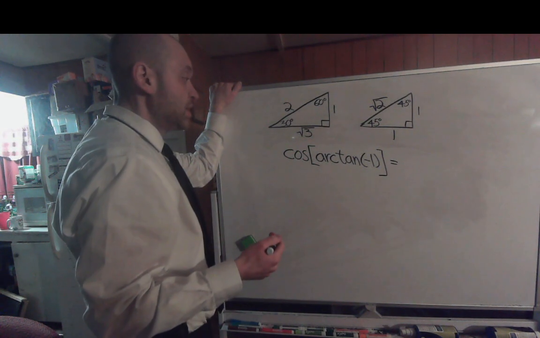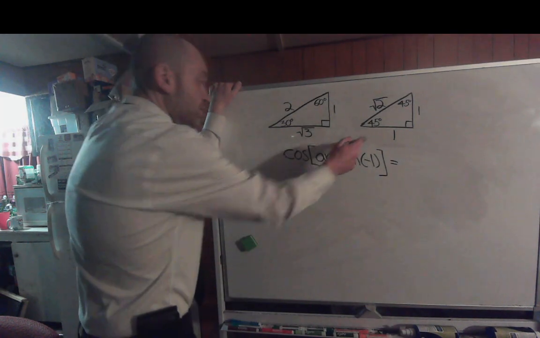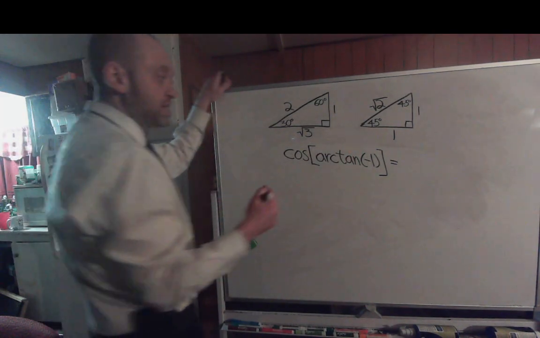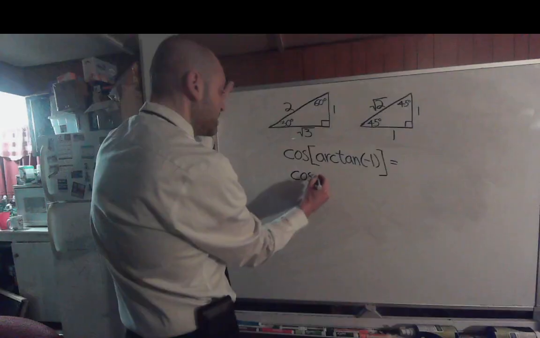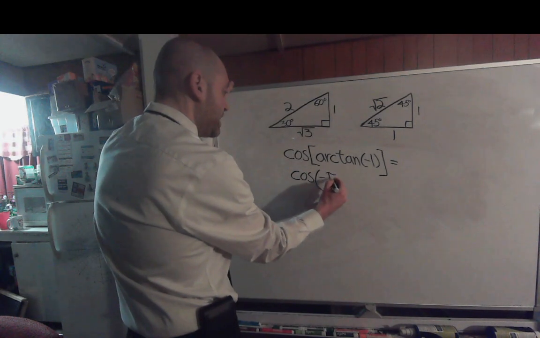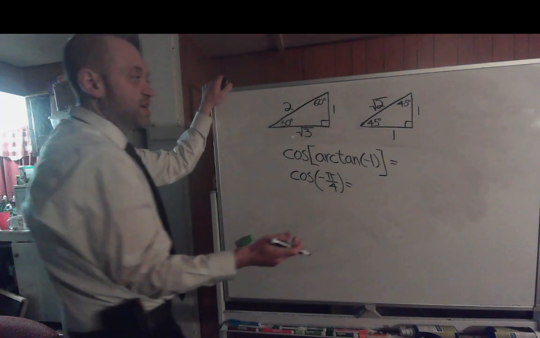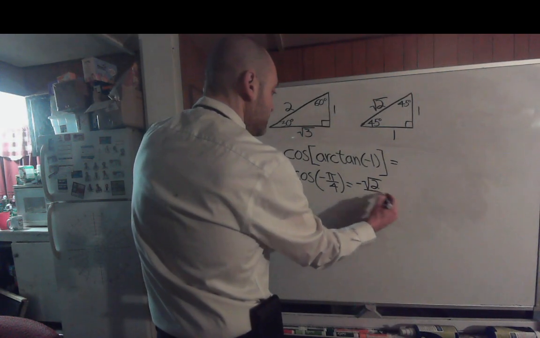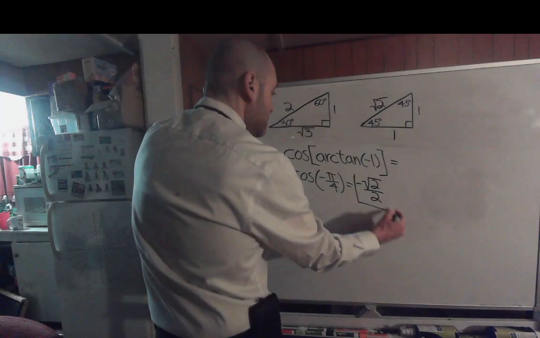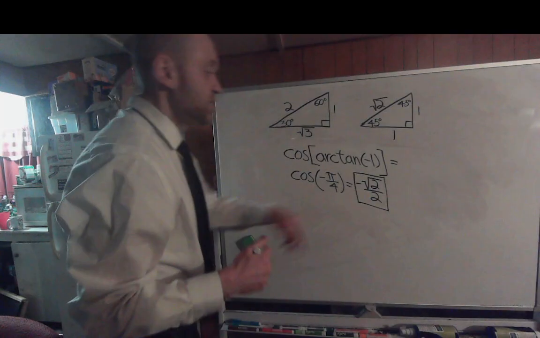So you would end up getting negative pi over 4 for an arc tangent of negative 1. So this will turn into the cosine of negative pi over 4, which is the square root of 2 over 2. So the answer you should get would be the square root of 2 over 2.